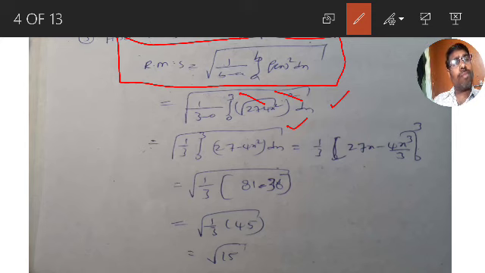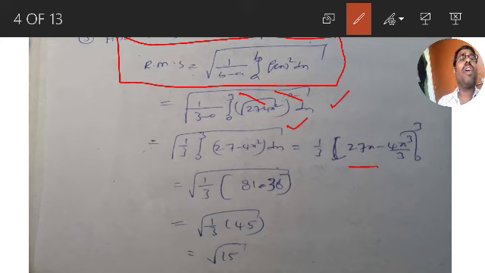So what do we get? 27 is a constant outside, integration of dx is 27 into x, minus 4 into x square. 4 is a constant outside, integration of x square is x power of 3 by 3. Integration of x to the power of n is x to the power of n plus 1 by n plus 1.